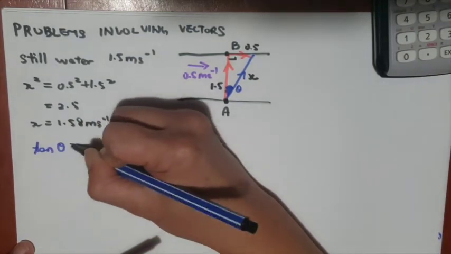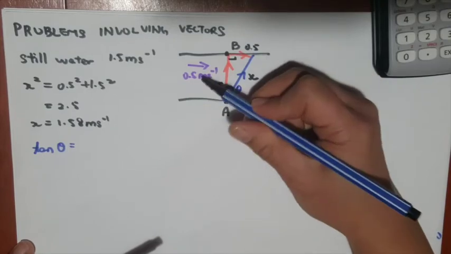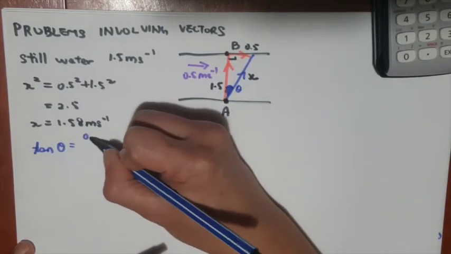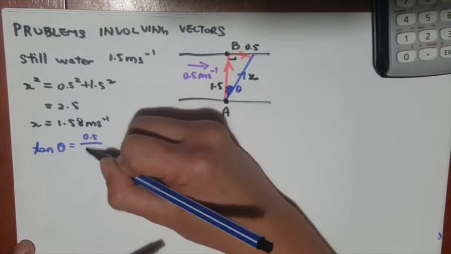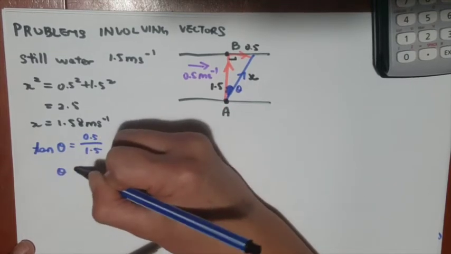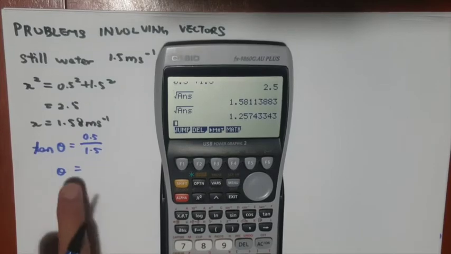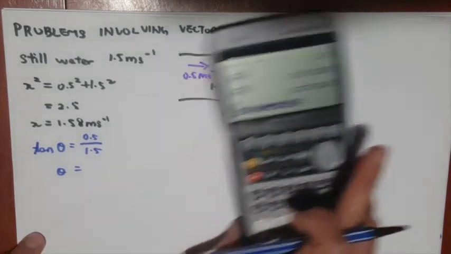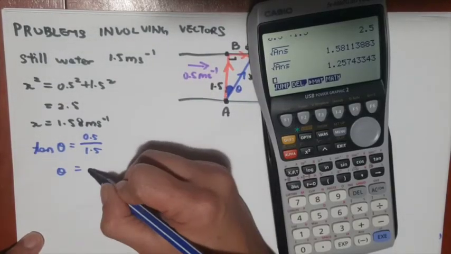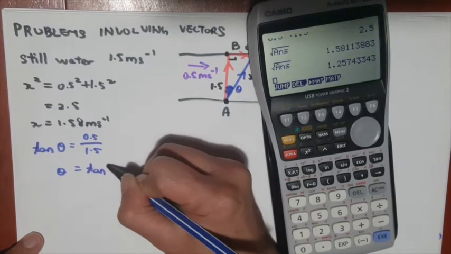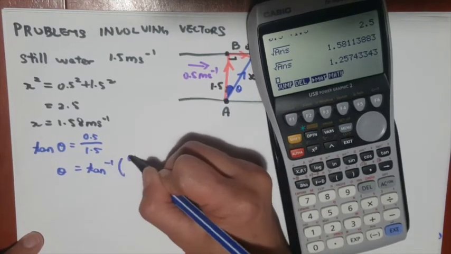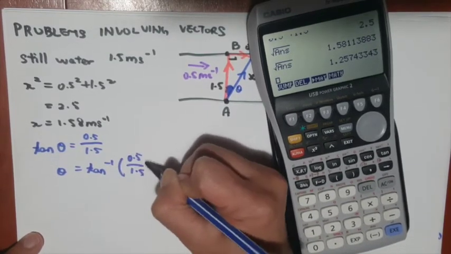Tangent theta is equivalent to opposite over adjacent, so 0.5 over 1.5. To get the angle, we need to shift the tangent over here.